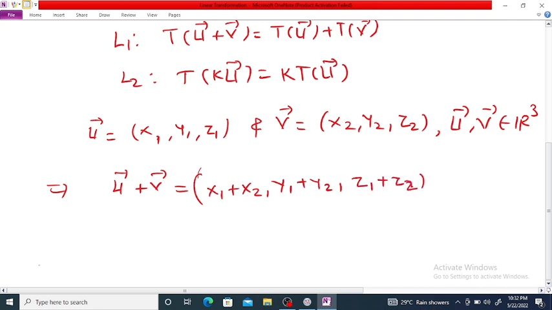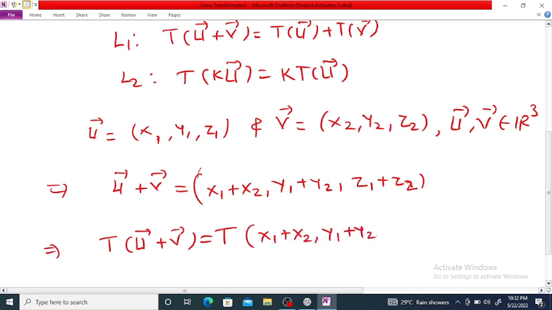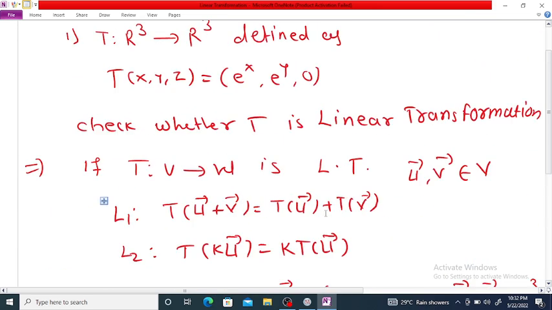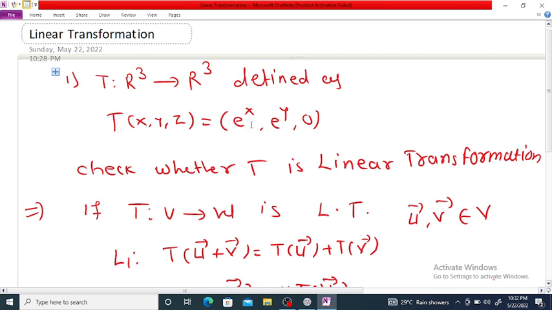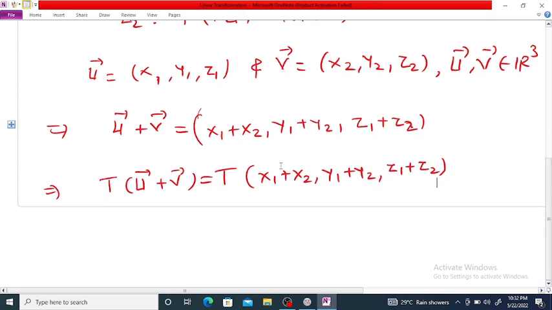Now if you apply T on both sides, we get T of u bar plus v bar is equal to T of x1 plus x2, y1 plus y2, and z1 plus z2. The given map is defined as T of x, y, z equal to e raised to x, e raised to y, 0.